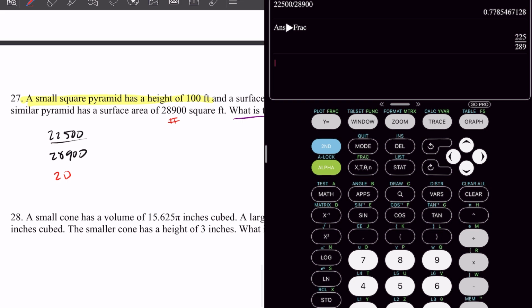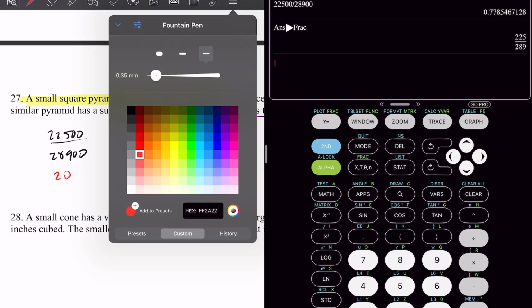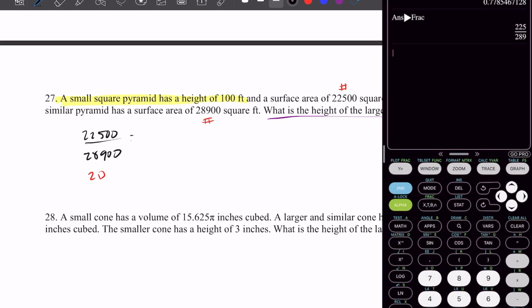I should get 225 over 289. And just because I simplified, this is still my two-dimensional ratio. So let me make a note: still 2D after simplifying.